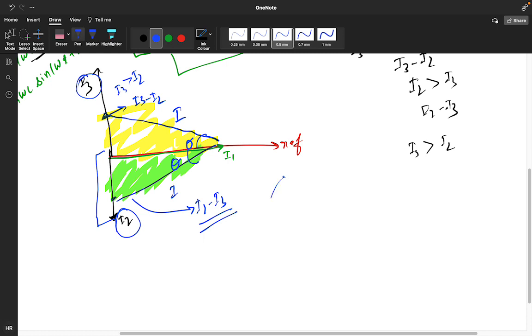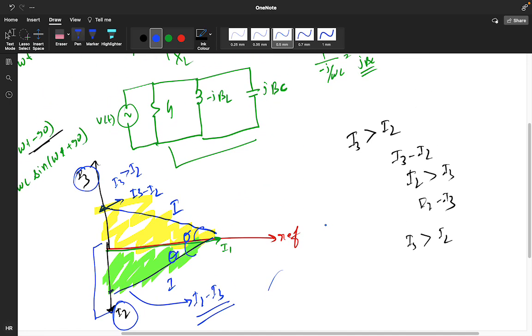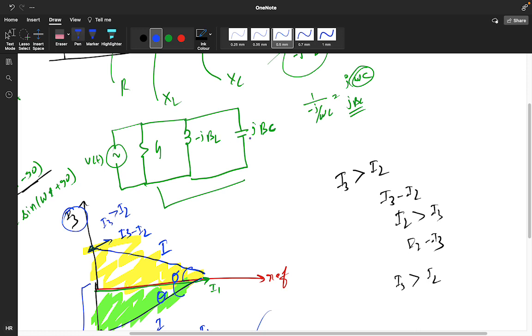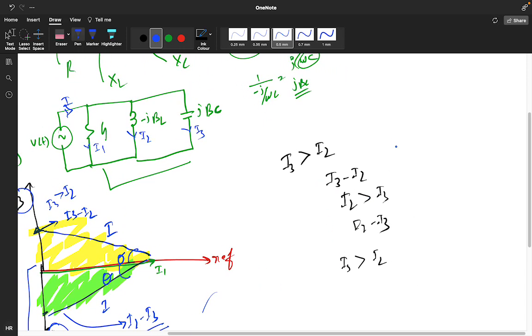And write the note like we got this parameter right now, minus jBL, jBC. This is your I2, this is your I1, and this is your I3. So this is your particular I current. So what you will get? Your I is nothing but I1 plus I2 plus I3. So I1 will be V into G, susceptance.